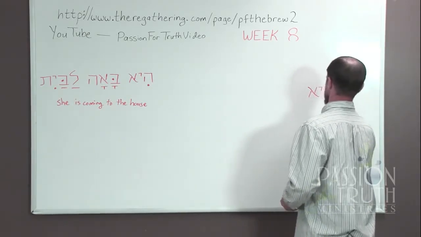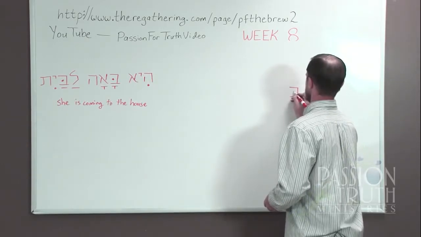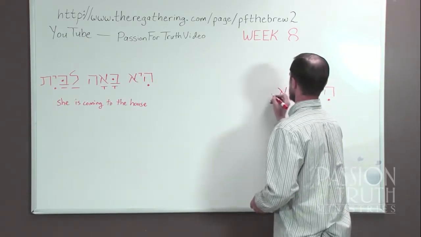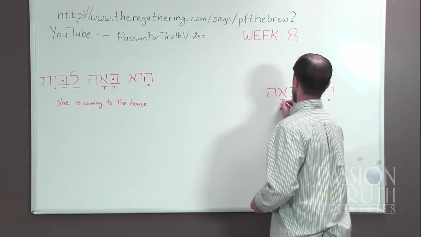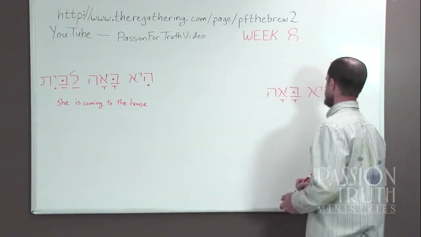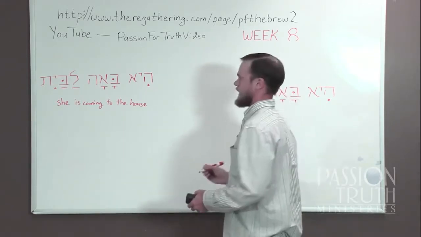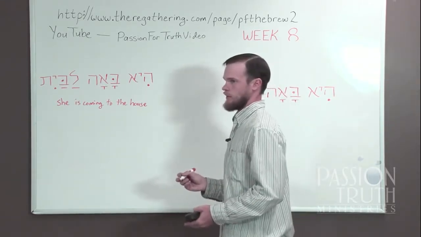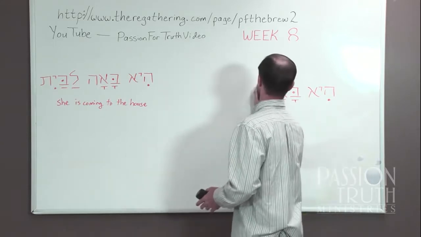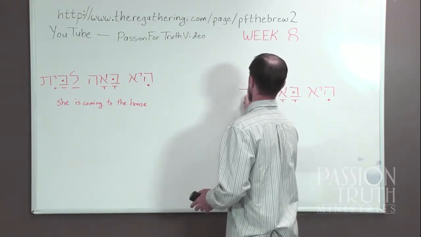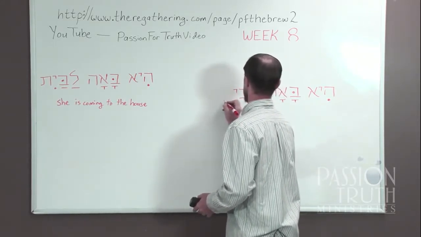Hi ba'a. Yep. So we know that the adjective has to follow the noun that it modifies, so we'll say the noun first. So we'll say she is coming to the house, just like we did before.